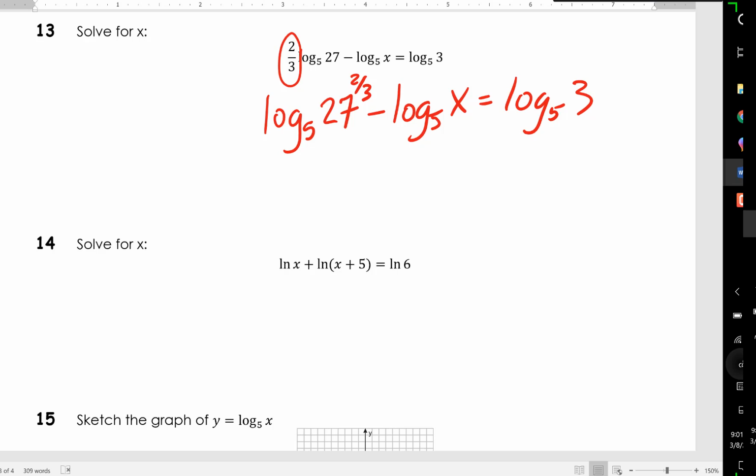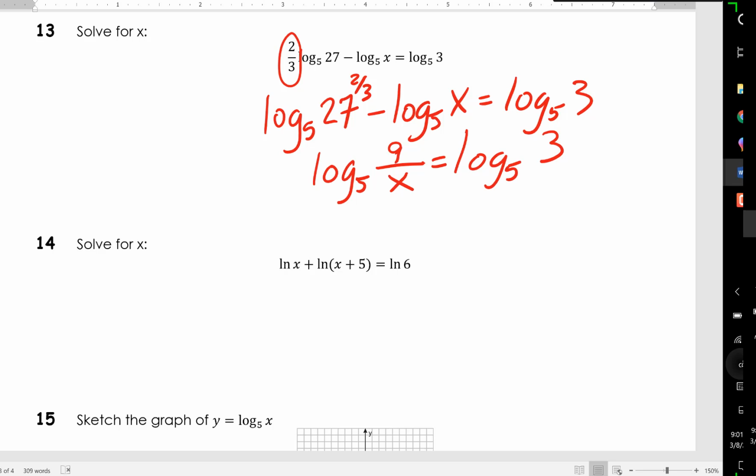Now you can use the rule that tells you that if you subtract 2 logs, you can divide the arguments. So you're going to have log base 5 of 27 to the 2/3. Think about what that is. The cube root of 27 is 3. Square it, you get 9. So this is going to be 9 divided by x. And that is going to equal log base 5 of 3.